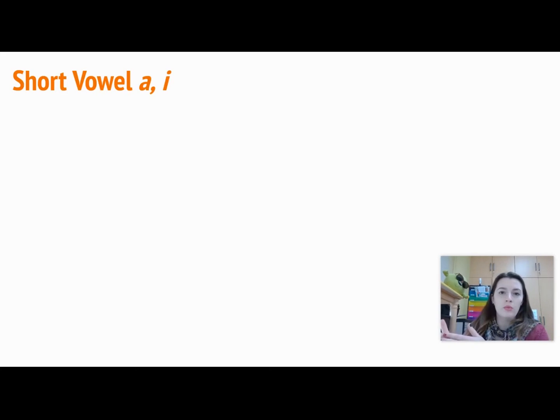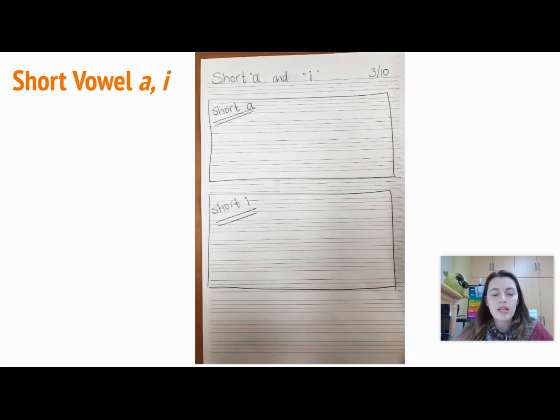And it's the same with I. So some words have long I, like ice cream, and some words have short I, like fish. So we're practicing the really short sound today. Now, what I want you to do is get your spelling and vocabulary notebook and open to a page and copy me.